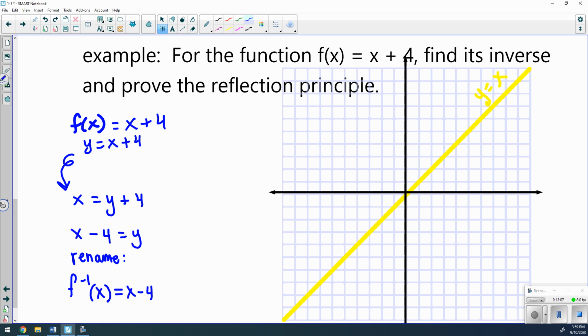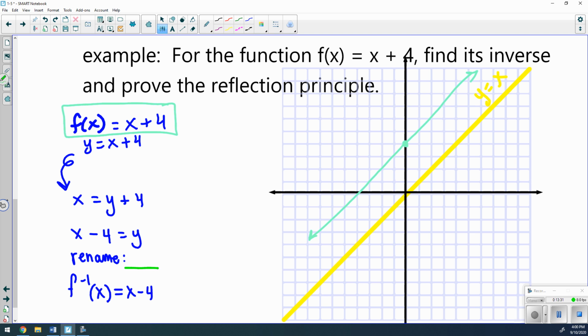Okay, so the inverse reflection principle, to be exact, is just saying that your two functions, as long as they're inverses of each other, will be reflections of each other over the line y equals x.